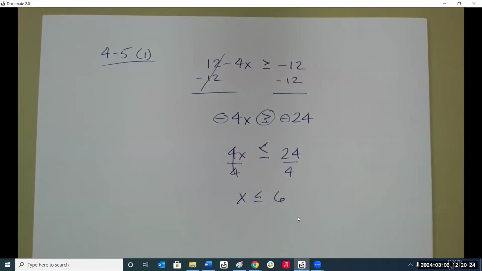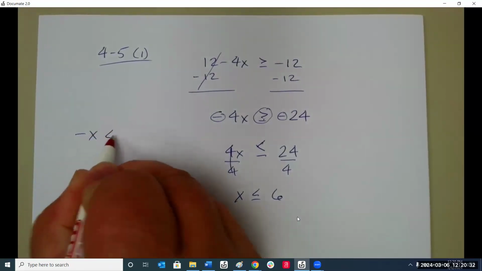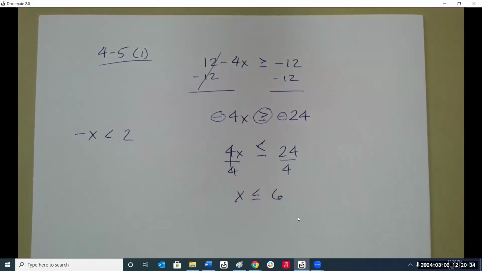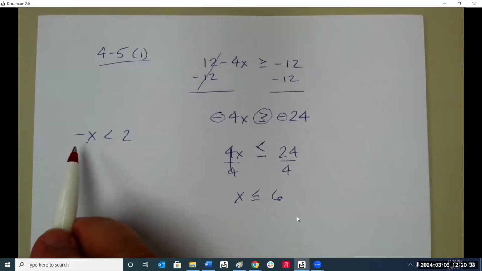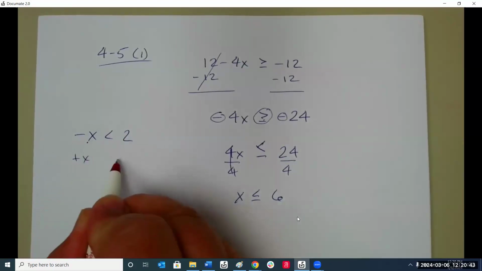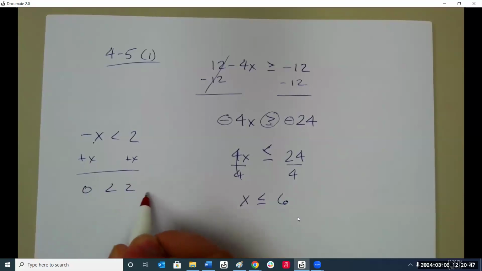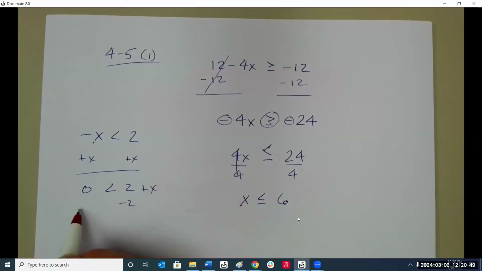Why divide by 4? Why? Good question. Because whenever you change the sign of x, let's say we have negative x is less than 2. Let's move the x over there and the 2 over here. So we add x to both sides and we subtract 2.